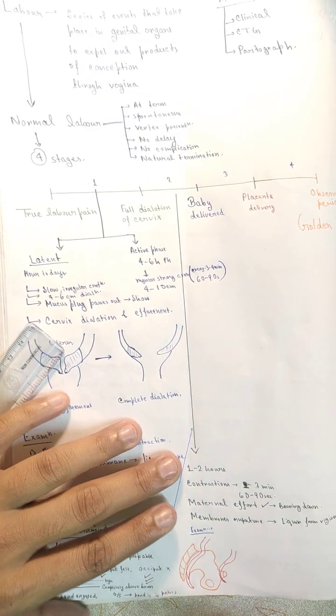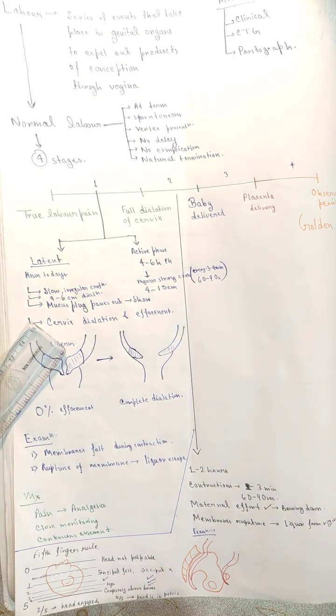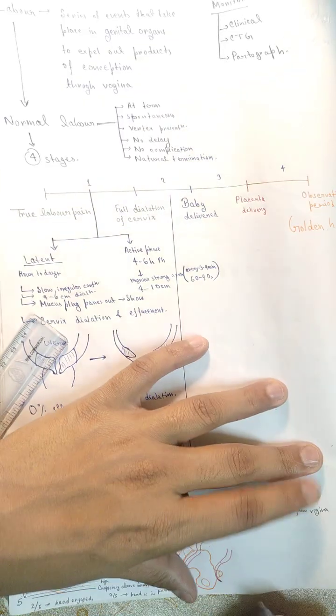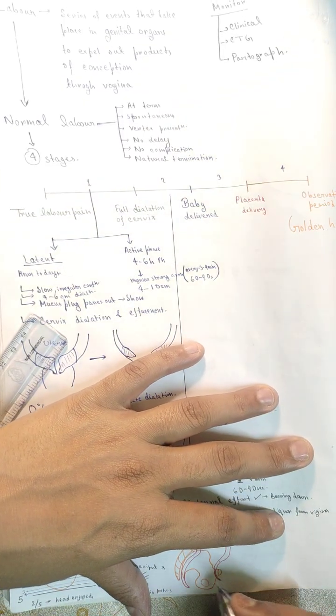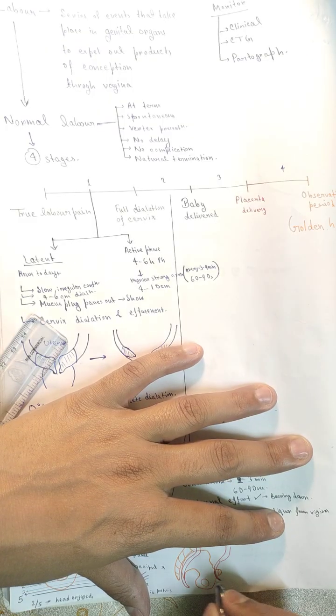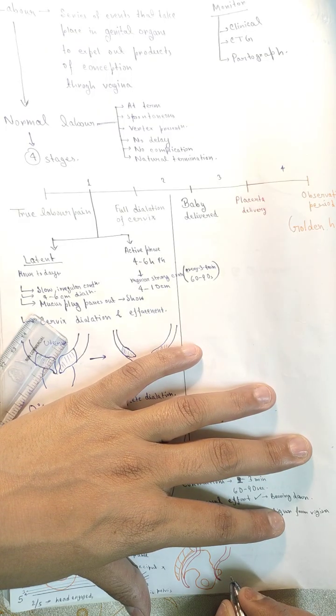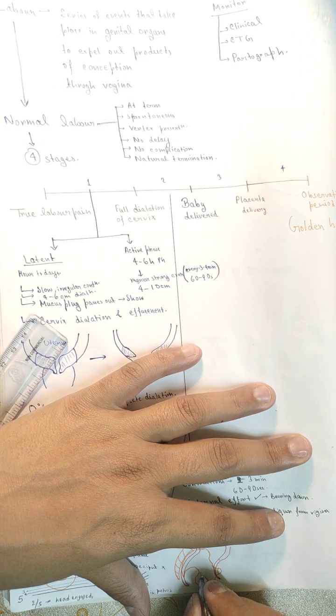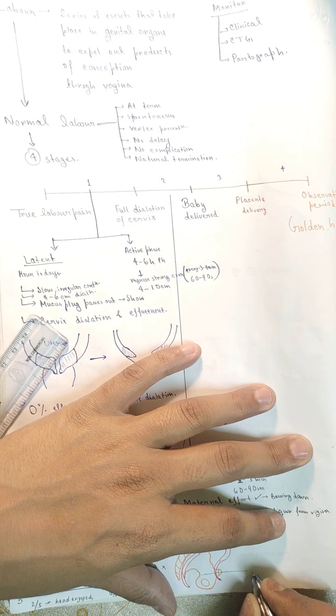Now, what is this? This is the level 0 at the ischial spine. The level of ischial spine.